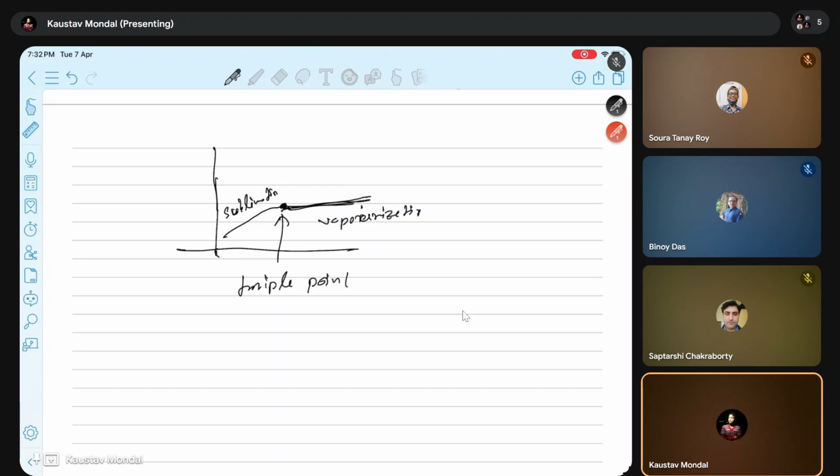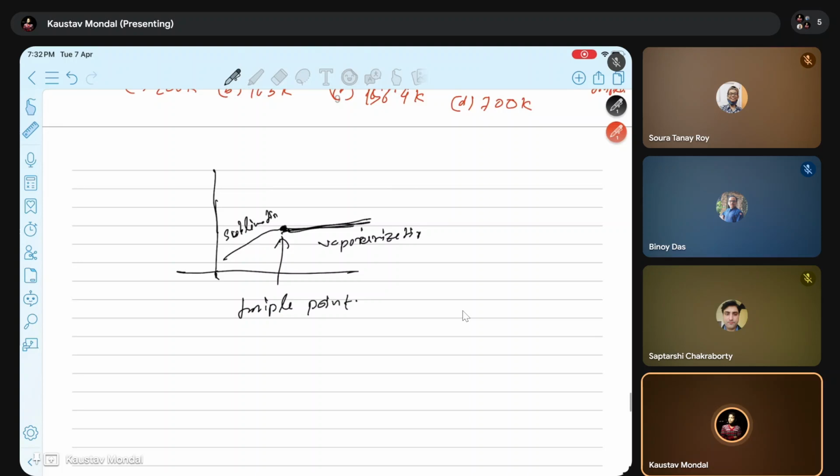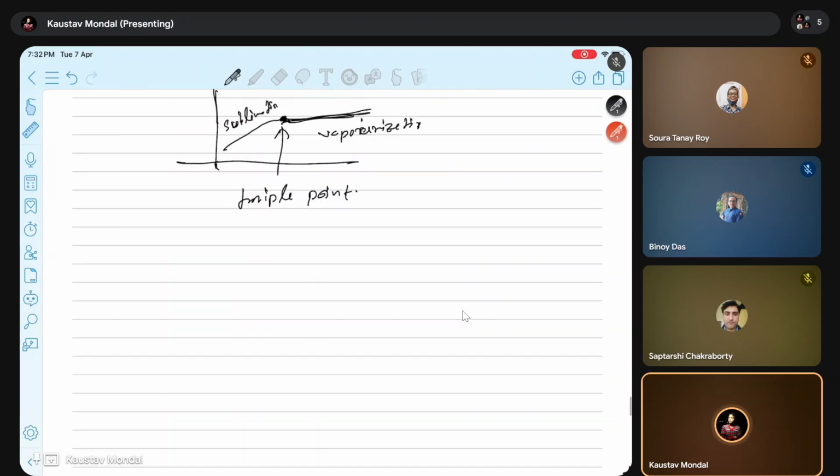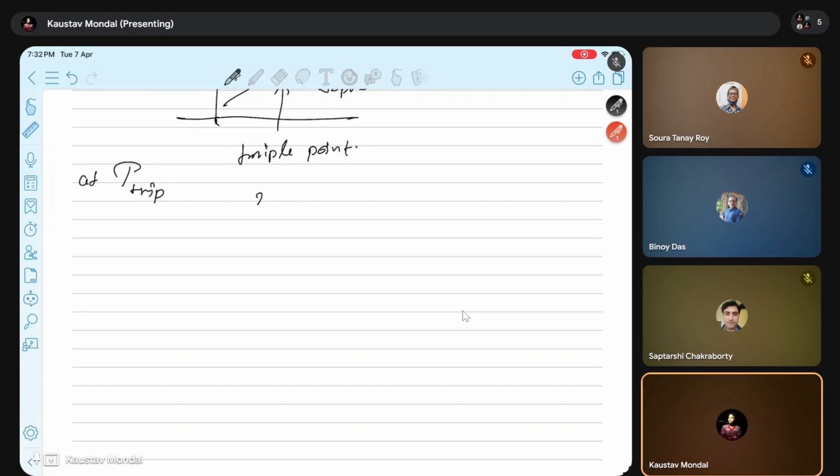Okay. So that means both of these equations will be equal at the triple point, right? So at T triple, 23 minus 3750 by T will be equal to 19.5 minus 3050 by T. So from here you can calculate T as 200 Kelvin.